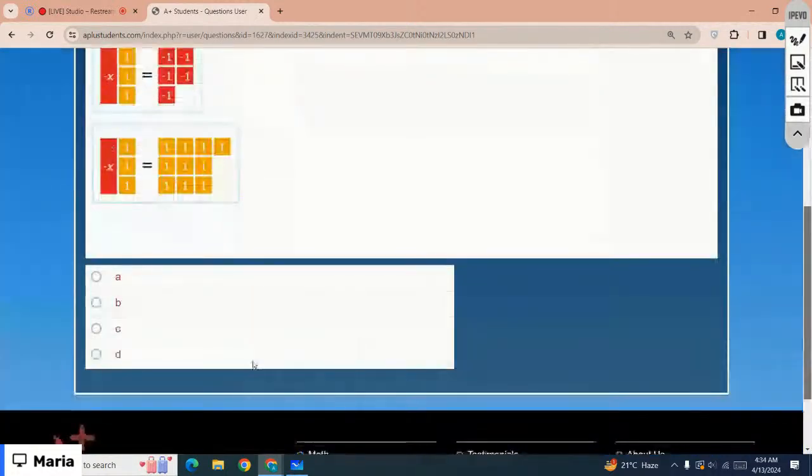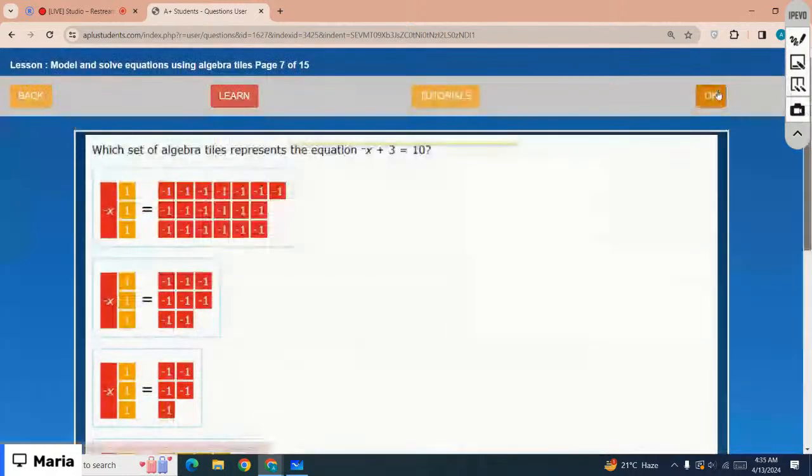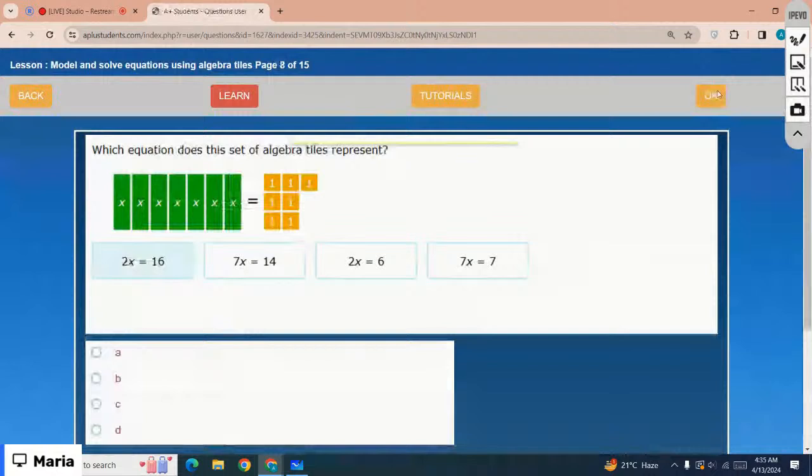Very good. Which equation does a set of algebra tile represent?